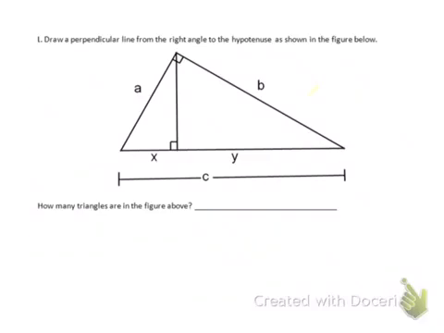Next, it wants us to draw a perpendicular line from the right angle to the hypotenuse as shown in the figure. Now remember, a perpendicular line is a line that forms a 90-degree angle. We want to start at the right angle. We start here and we draw down. We want it to be perpendicular, so it's got to have a right angle to the hypotenuse, which we said was C. Now, how many triangles are in the figure above? Well, I see the large right triangle, which is the one we originally started with. That's my large one, which I would draw just like it is.